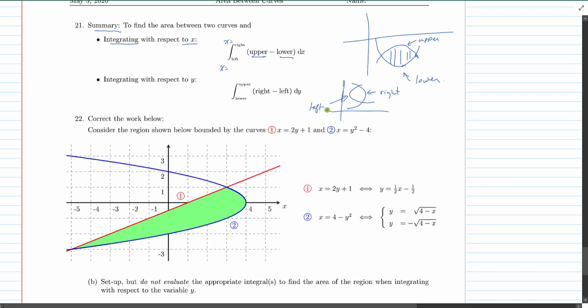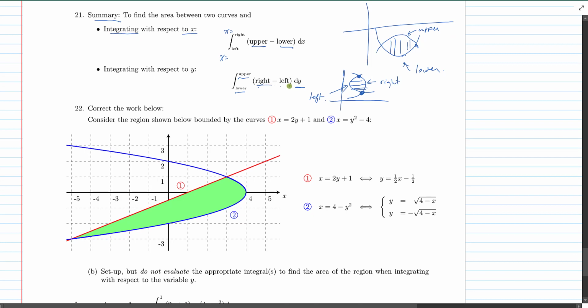And so that's how we would go ahead and set up the integral when integrating with respect to y. We would start off with our lower limit of y value up to our upper limit, so that's lower to upper that we just did there. There's lower, there's upper. And we would do the dy slices. There they are. And what are the heights of those dy slices? They are the right value minus the left value. So there's a nice summary of what we just did.